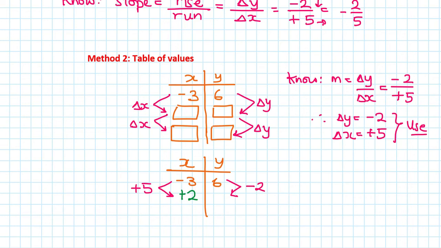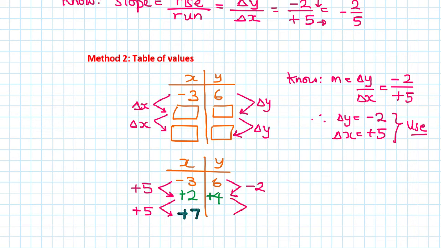So once you've found your first point, which is +2 for our x and its y to be +4, the next one is to find the other point, and the same thing we do with -3 is what we're going to do with +2. We're going to add 5 to +2, and what we get is going to be +7, and for our y, we're going to do the same thing which we did with +4.